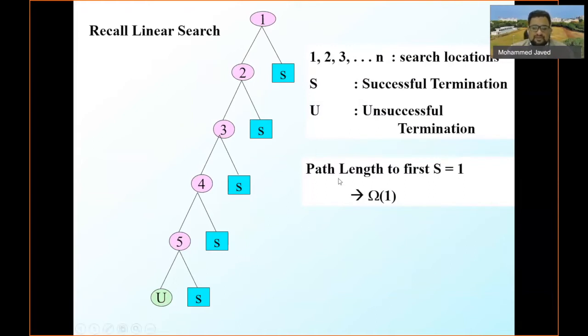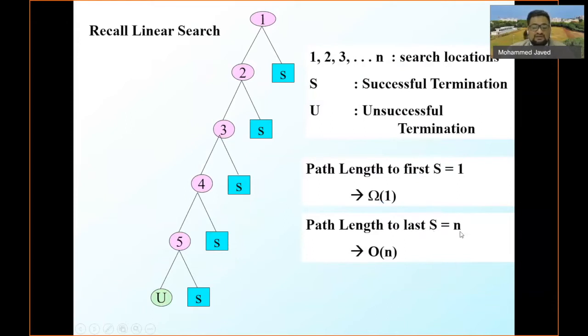So the path length to the first S, what is the best case? The best case would be finding the element at the first position. So path length to the first S equals 1, so that is omega of 1. What is the path length to the last successful search?